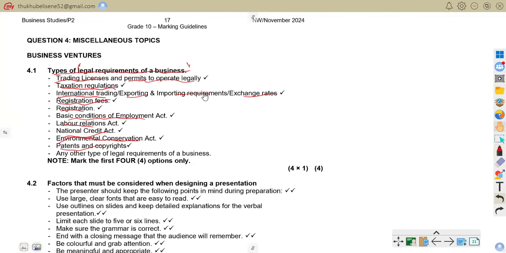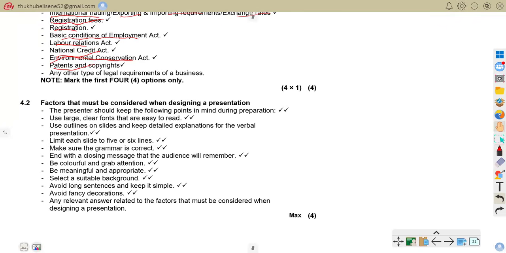Now, we are also to answer the question which talks about factors that must be considered when designing a presentation. 4.2. First, the presenter should keep the following points in mind during the presentation, the points that he or she is going to present about.